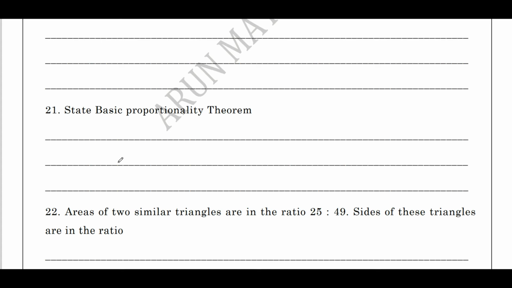Thales theorem states that if a line is drawn parallel to one side of a triangle intersecting the other two sides at distinct points, it divides them in the same ratio. This is the statement of Thales theorem.